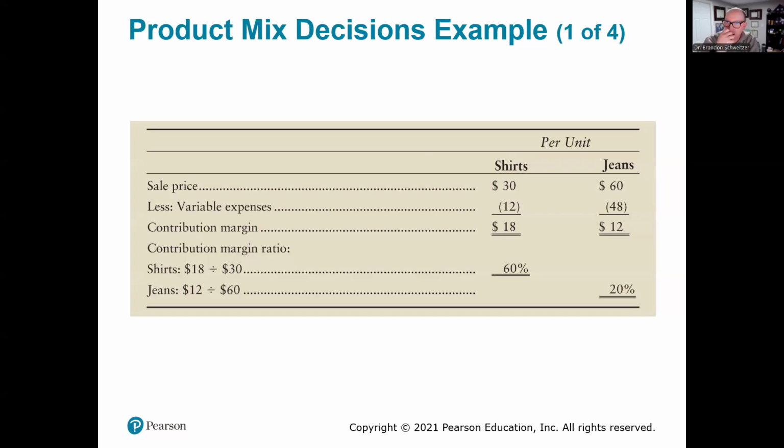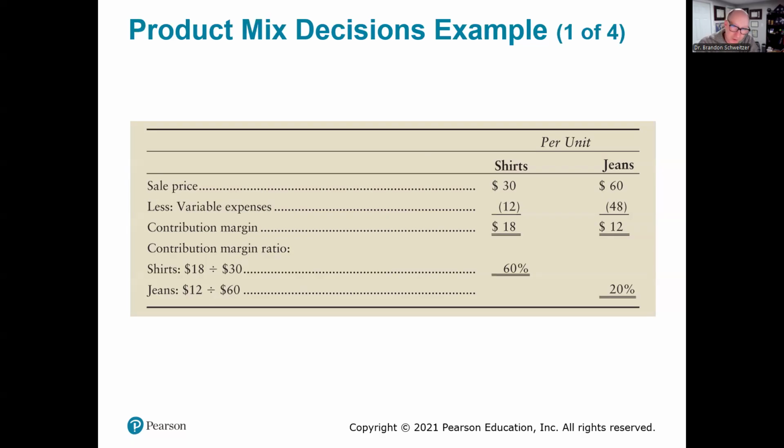They sell t-shirts at $30 a piece. Variable expenses for each are $48 and $12 respectively. The contribution margin for jeans is $12, for t-shirts it's $18.